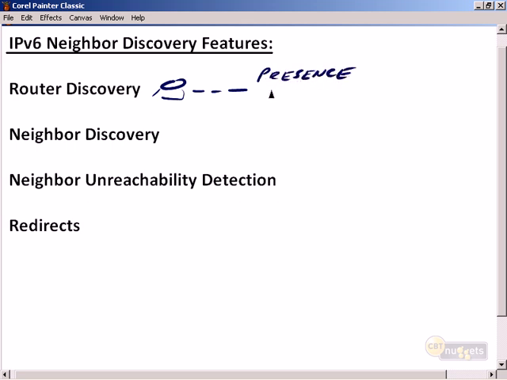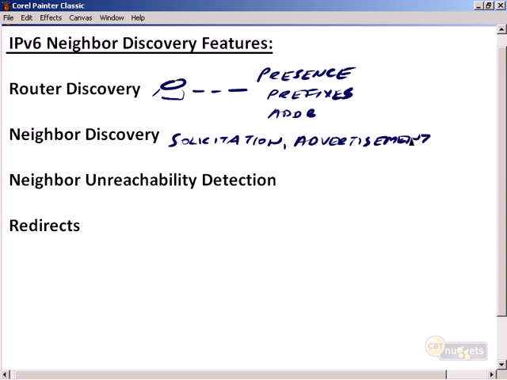It'll also advertise prefixes that it has on its link. It'll help configure addresses. It'll also share information about its links, like the MTU and the hop limit. We also have neighbor discovery, where IPv6 nodes will communicate their link layer addresses, which again are the IPv6 local addresses, to one another, and they use a neighbor solicitation and neighbor advertisement message.